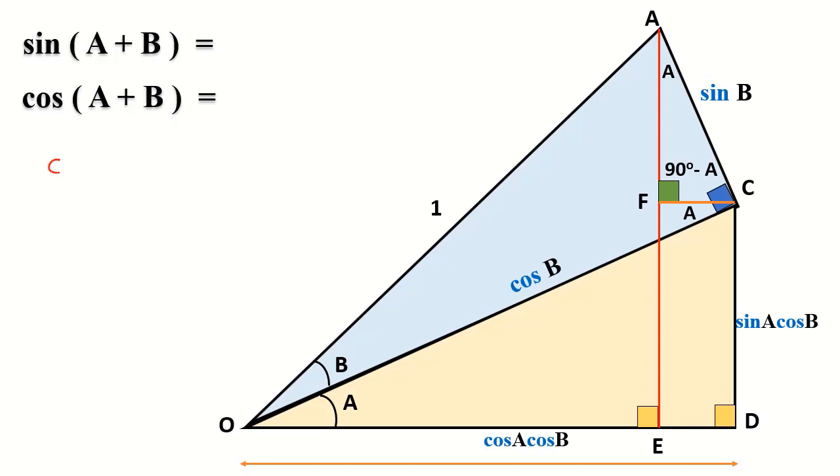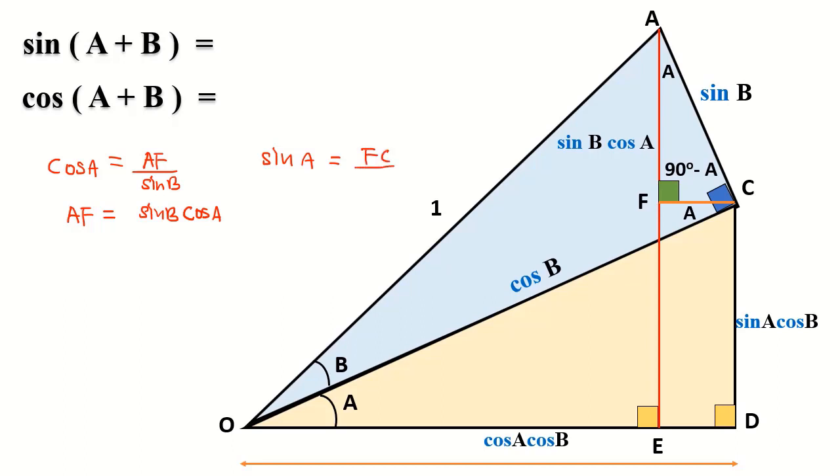We will have the cosine of A equivalent to AF over sine of B. We solve for AF, so you will have AF as sine B cosine A. We apply the same process for sine A equivalent to FC over sine B. So we solve for FC, and we will have FC as sine B multiplied with sine A.